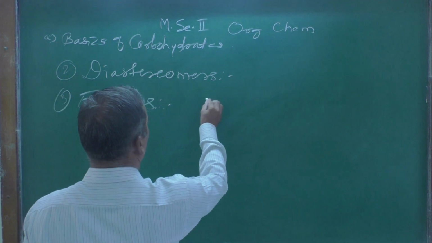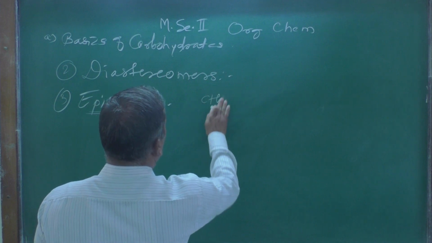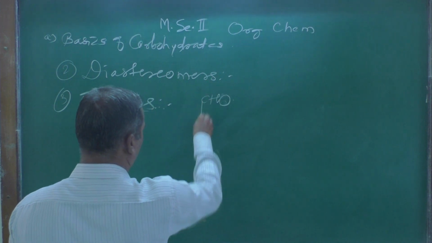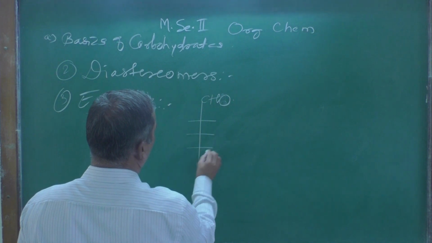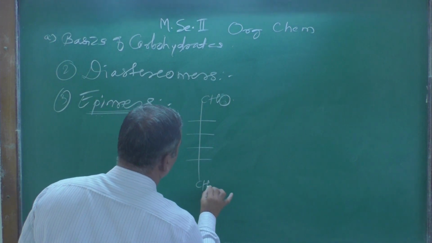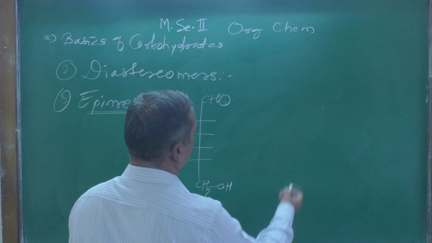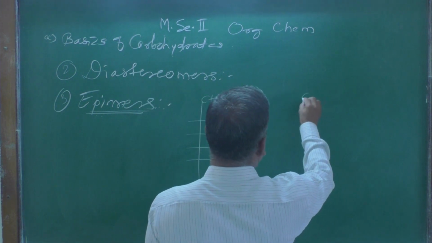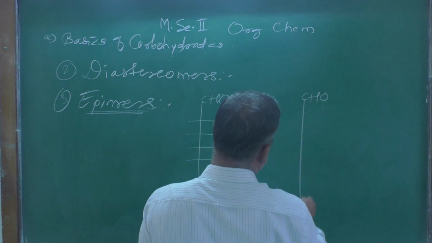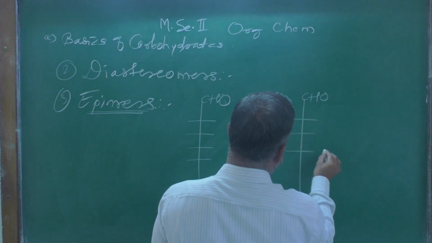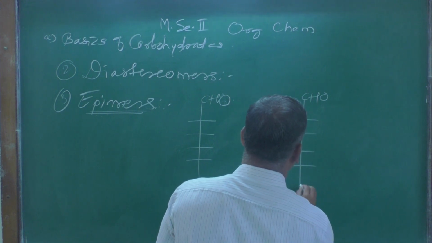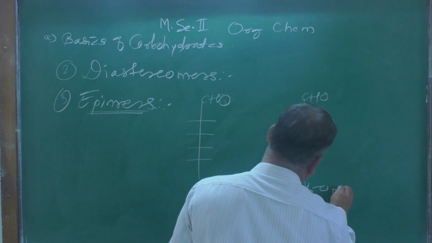Here for D glucose I am writing CHO, and then 1, 2, 3 and 4, and at the bottom CH2OH. And here I am writing another structure, an example of epimers: 1, 2, 3, 4, and again CH2OH.